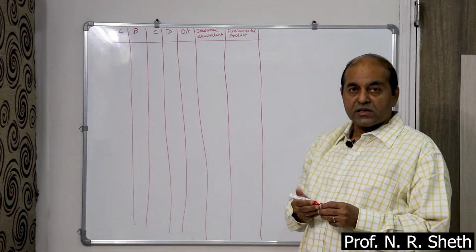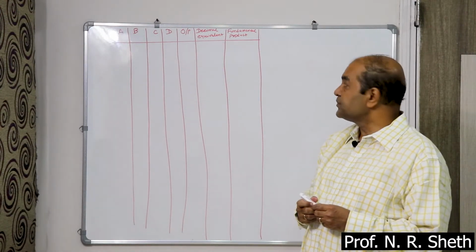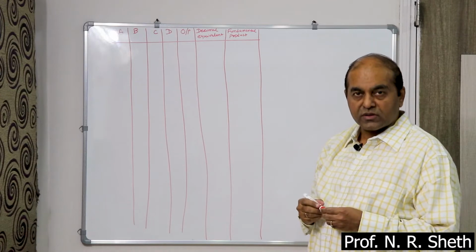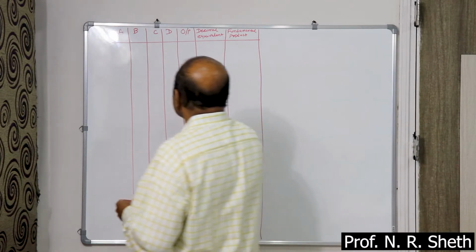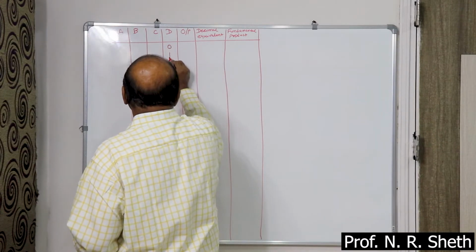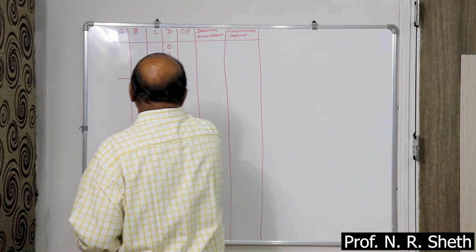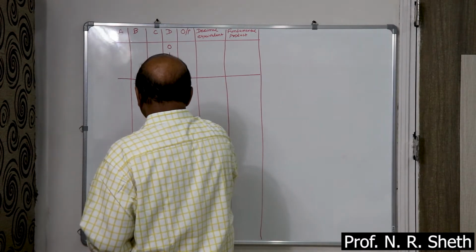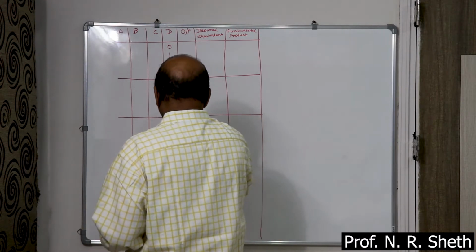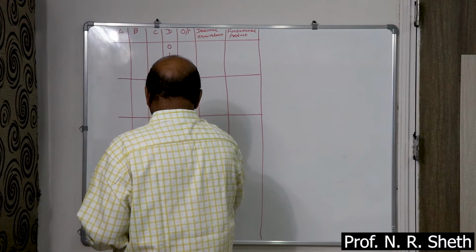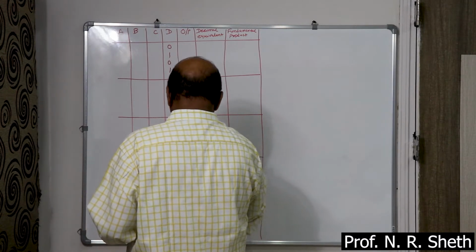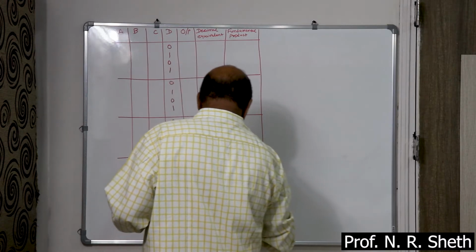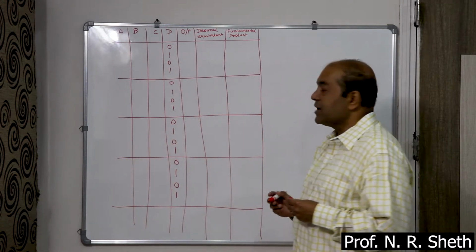A, B, C, D inputs, output, decimal equivalent and fundamental product. 16 cases. So 0, 1, 0, 1 repeated, 16 combinations.